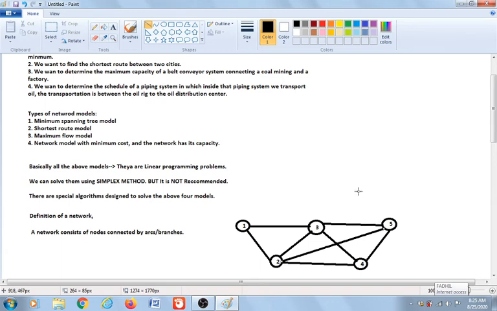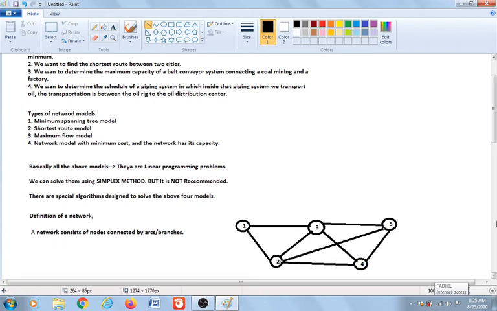So this is an example of a network. This network consists of 5 nodes, and all nodes are connected by arcs.